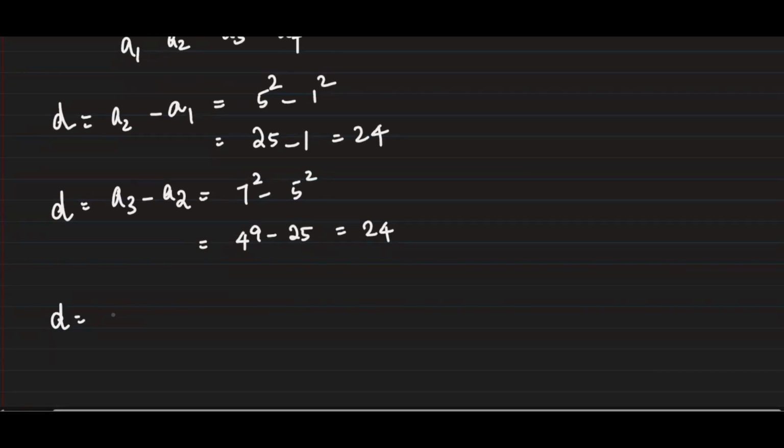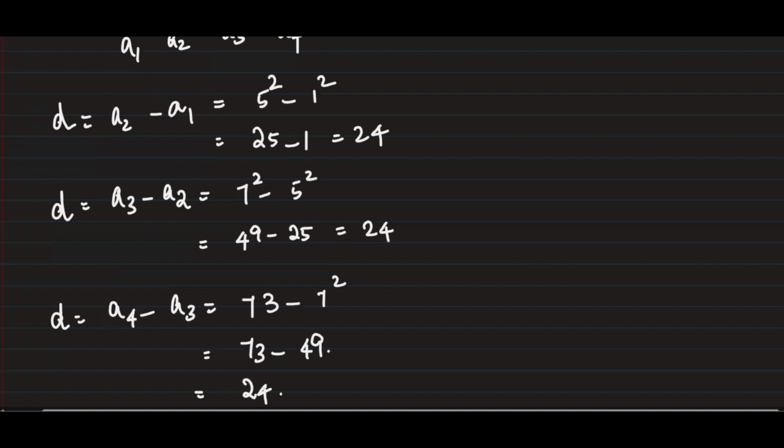So D value can be found like A4 minus A3. So here A4 is 73. So 73 minus 7 square, which is nothing but 49. So 73 minus 49 again will become 24.